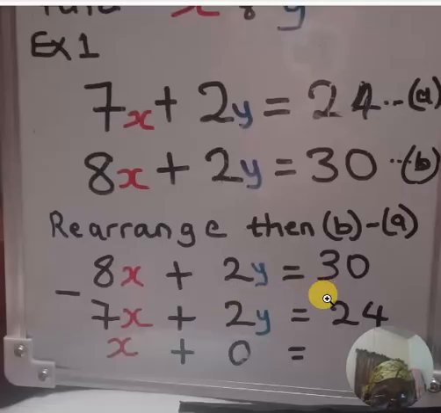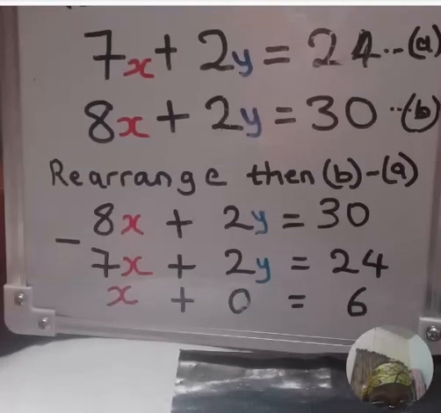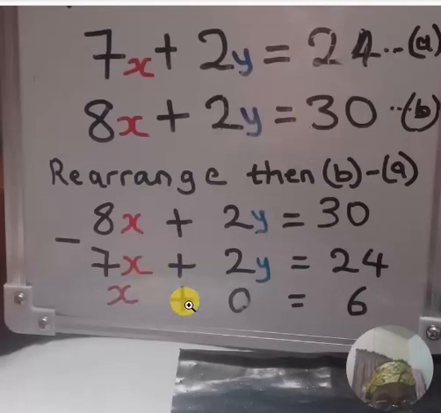So we have x, 8 minus 7, and 2 minus 2 gives us 0. Thereby we have eliminated y, leaving us with just x. So x plus 0 is equal to 6, which gives us straight off that x is equal to 6.